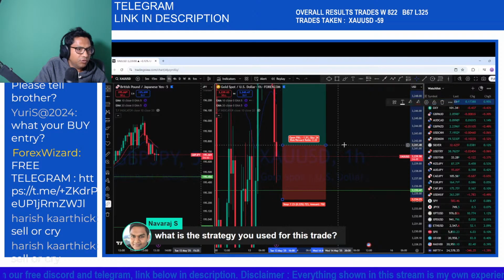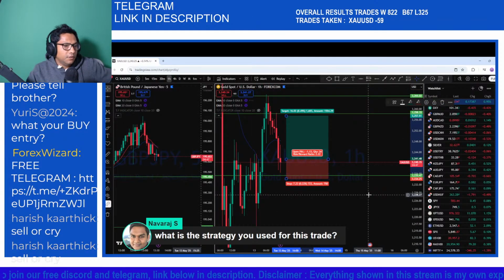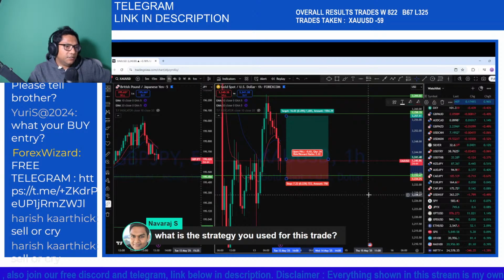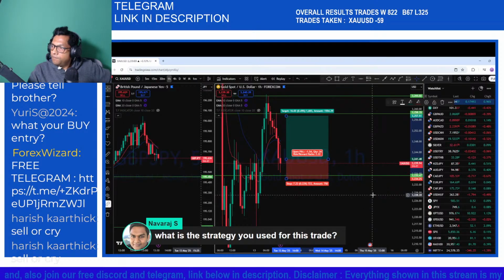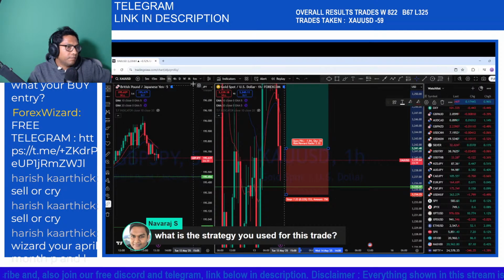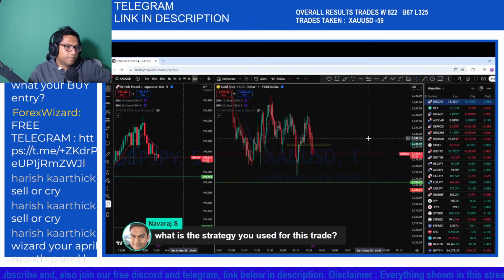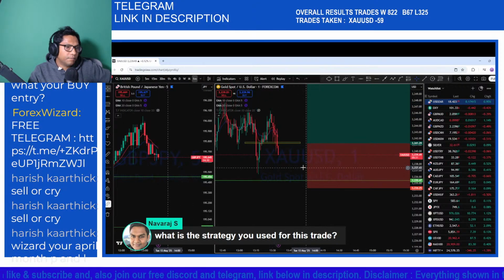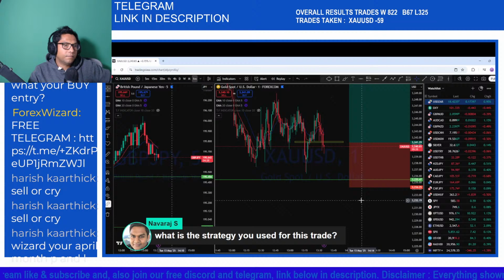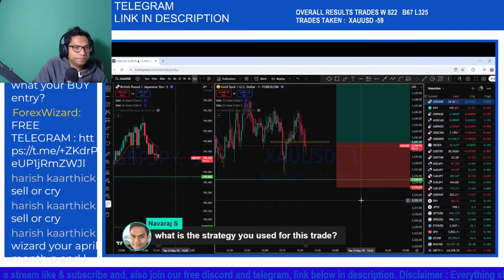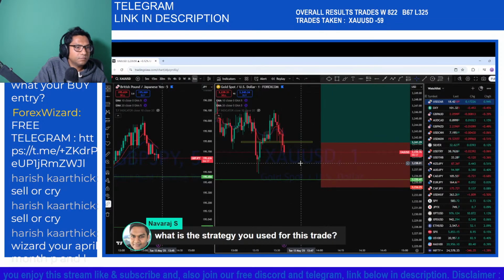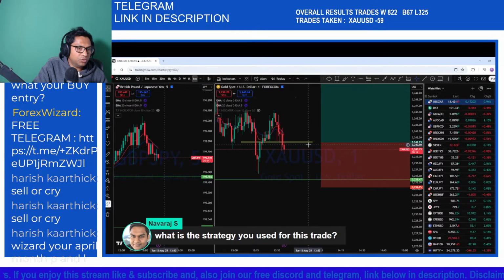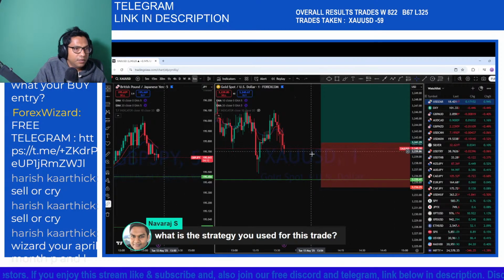So 1 hour, if we look at the price action here, the bulls are not being able to break strongly now.